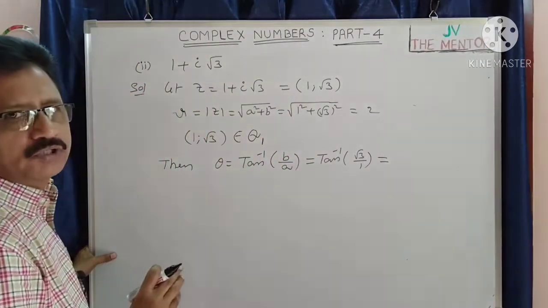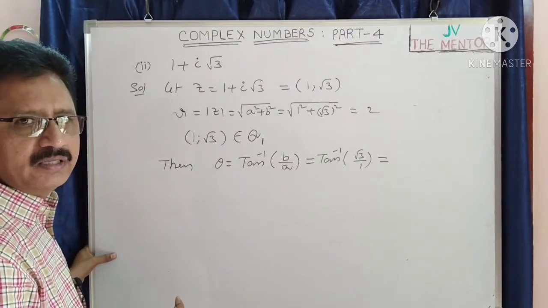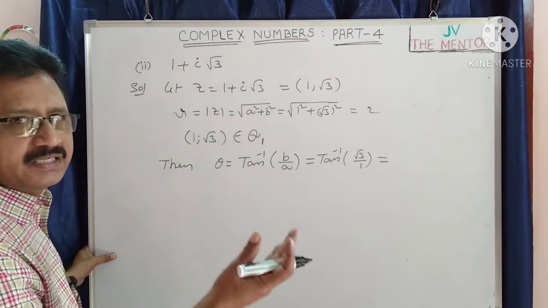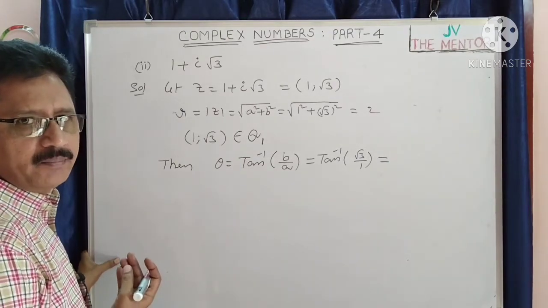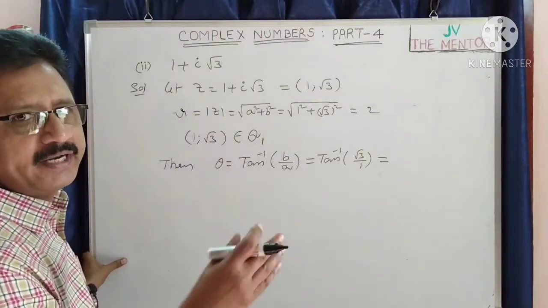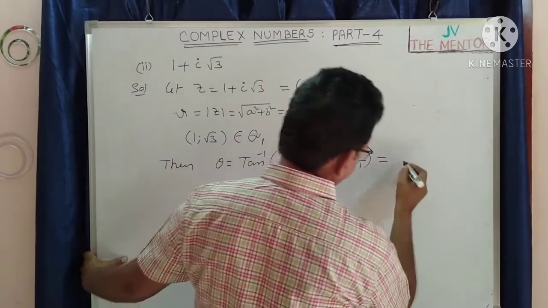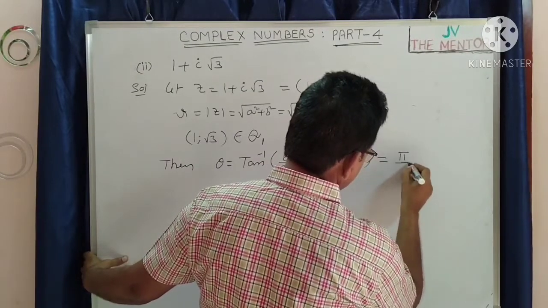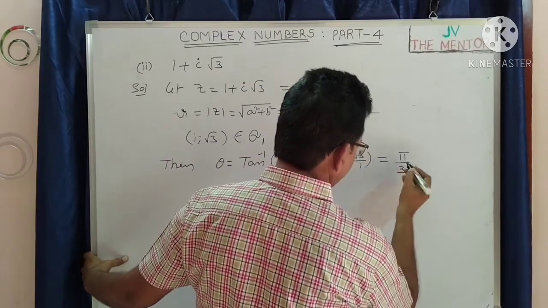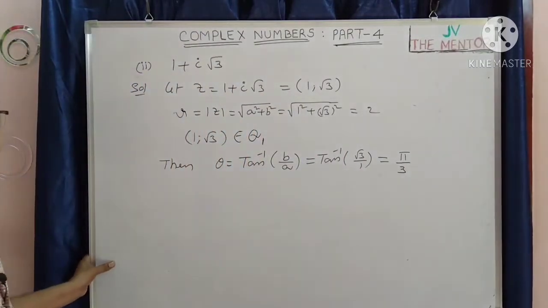Tan inverse root 3 by 1, tan inverse root 3. What is the value? Pi by 3. Tan 60 is root 3, and tan inverse root 3 is 60 degrees, in radians pi by 3. We covered these values in the notes before. Tan inverse root 3 is pi by 3.